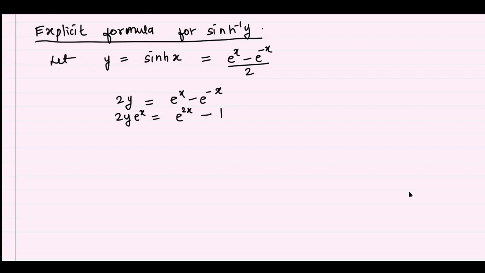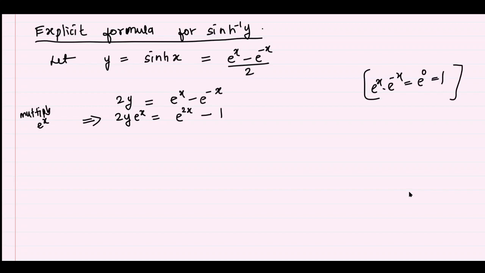First I multiplied with 2, then I multiplied with e raised to x. So e raised to x into e raised to x is e raised to 2x, and e raised to x into e raised to minus x is e raised to 0, which is 1.